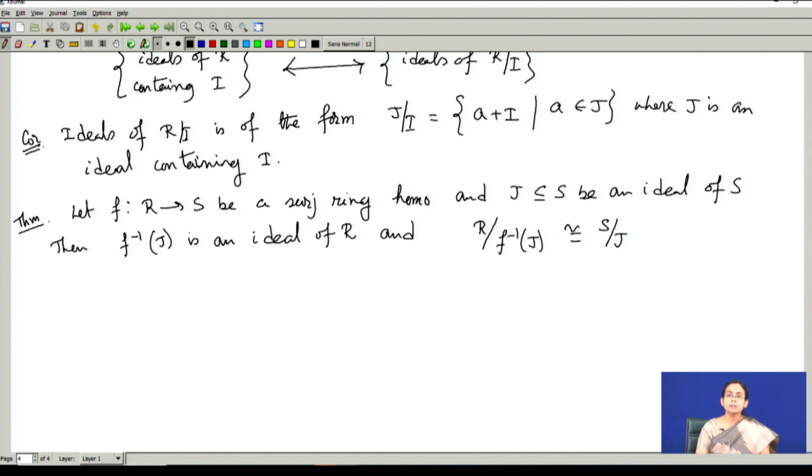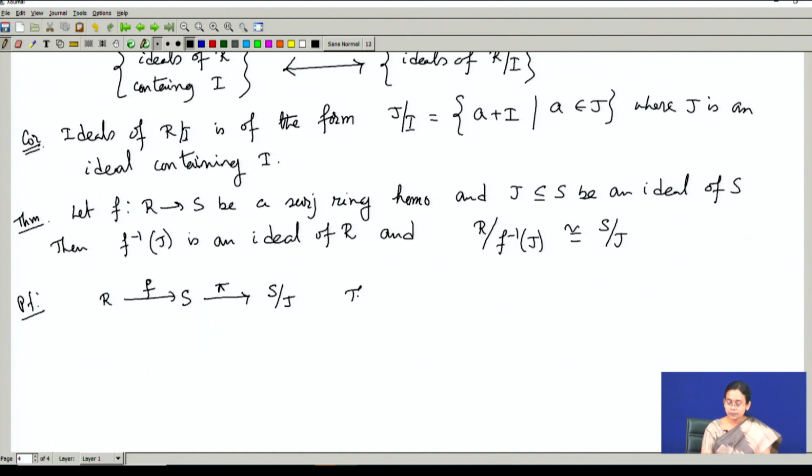The proof of this is very short. In fact, it follows from what we have already seen using the first isomorphism theorem. So, you can see that I have this map from R to S, which is the given map F. This is a ring homomorphism. J is an ideal. So, I have this natural surjective map from S to S quotient J that I denote by pi.